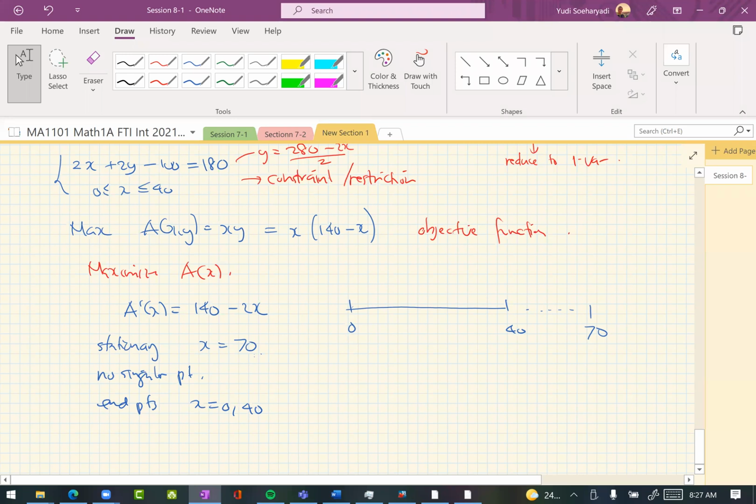All right. Okay, sign for this would be negative. All right. So this is negative, negative, positive. But what we observe is only here.